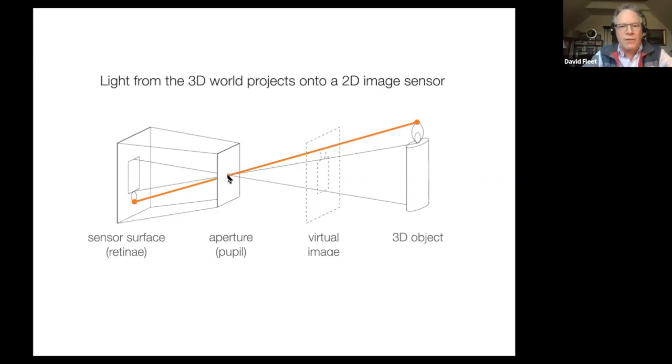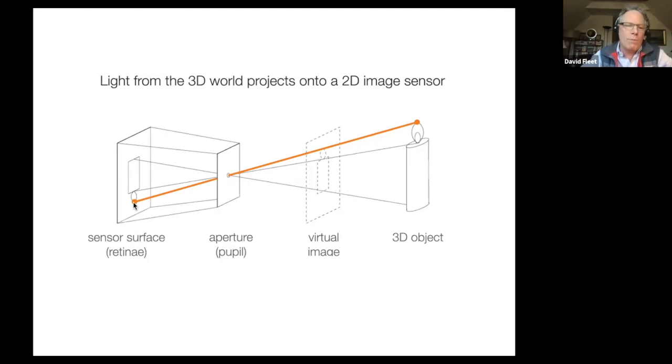Normally we use a lens here, but in the ideal world, it's a simple aperture, and that gets projected to a point on the imaging surface. What this projection means is that the three-dimensional world gets projected down onto a two-dimensional one, which means that information about the size and shape of objects is gone. It's distorted or confounded in some way.